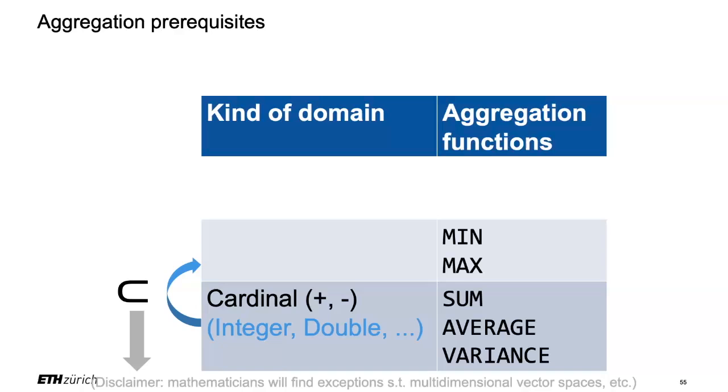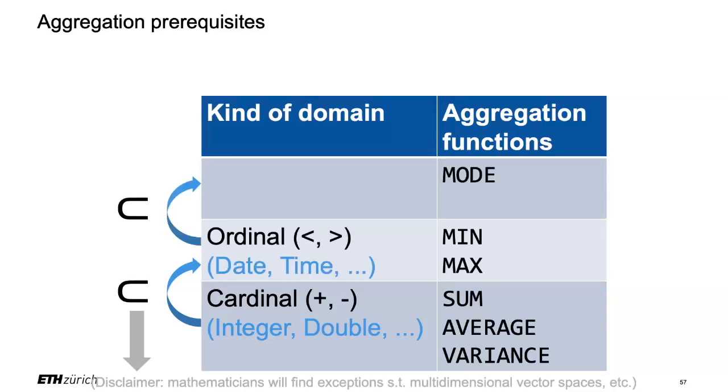You just need something that can be compared, smaller than, greater than. You just want the highest and the lowest. Do you see that min and max would also work with dates, for example? If I have dates, I can take the latest date or the earliest date. I cannot sum dates, right? So the sum of dates wouldn't make any sense, but the mean of dates or the max of dates would make sense. So min and max are a bit more lenient in the requirements. You can do it with more kinds of domains. So you just need to be able to compare them. So dates times works as well. Of course, you can do it with numbers too, but also on dates.